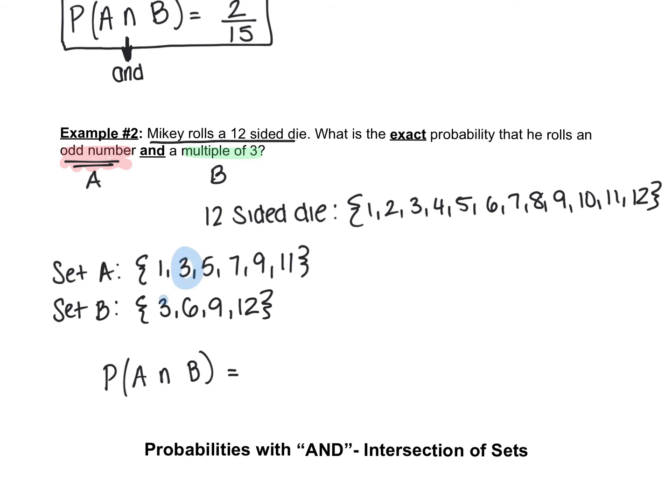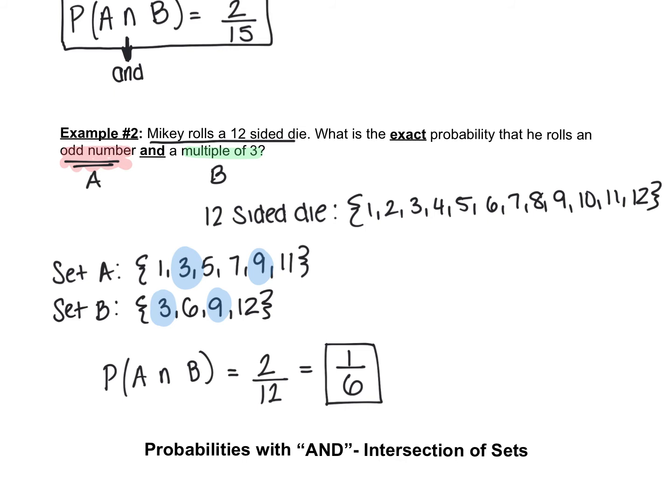So I clearly see a 3 in both. I see a 9 in both. So that means my probability of rolling a number that is both a multiple of 3 and an odd number is just 2 out of the total of 12, which we can reduce to 1 out of 6. That would be my probability.